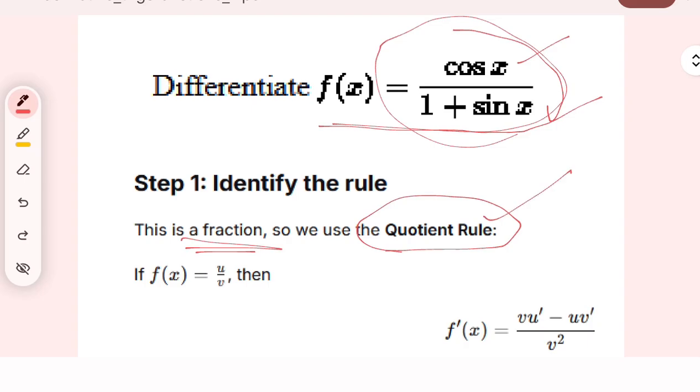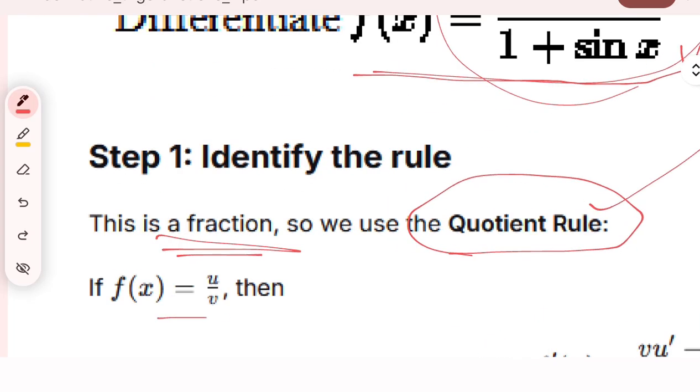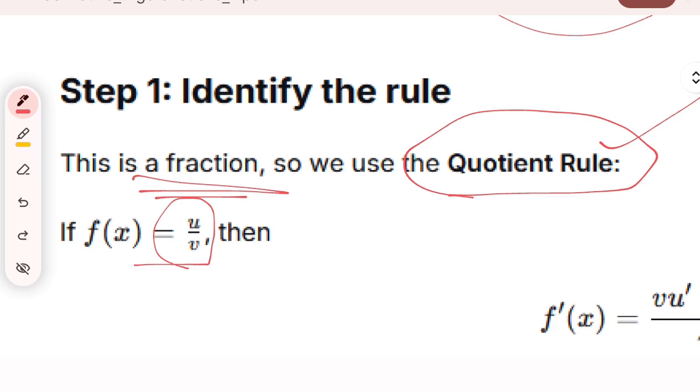In the quotient rule, if you are given a function, we let the numerator be u and the denominator be v, so u divided by v.